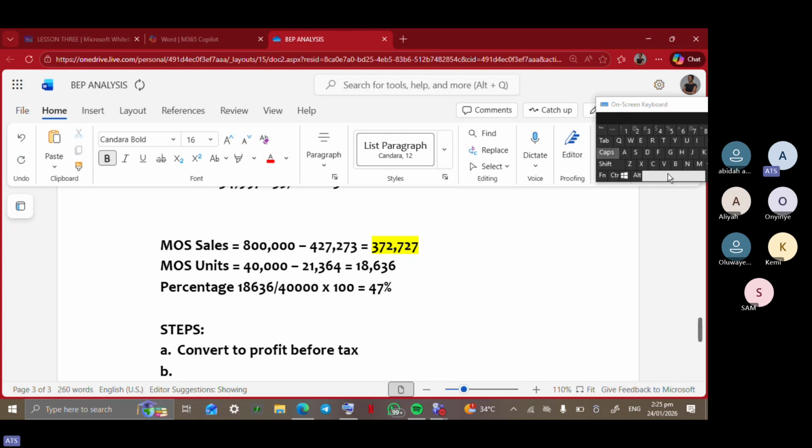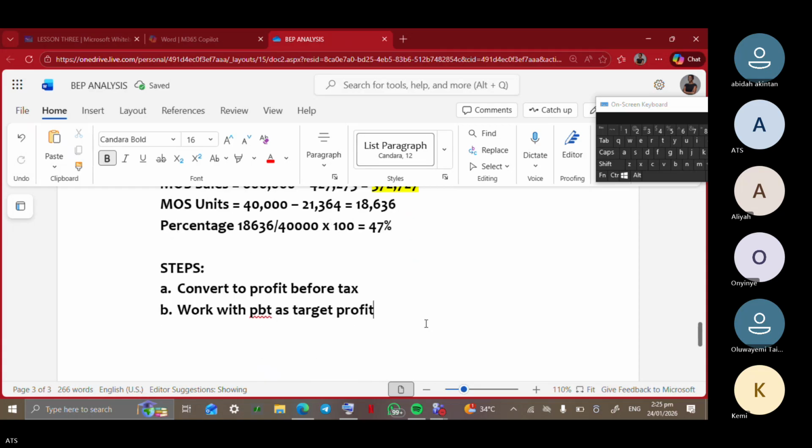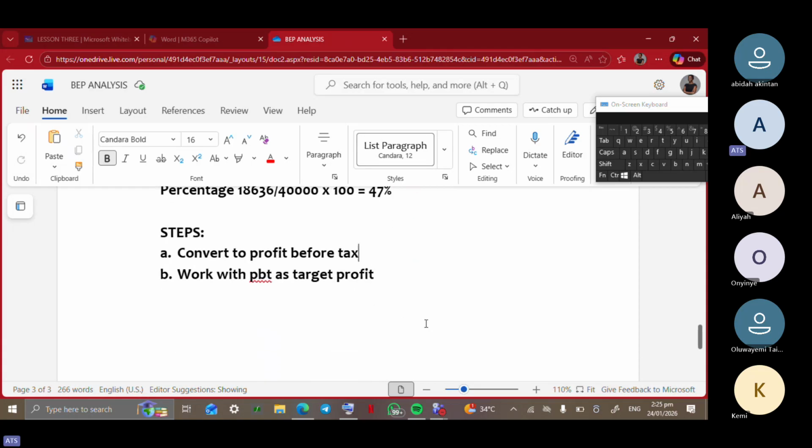And then the second one is to work with profit before tax as target profit. So let's illustrate it and see. Now, how do you convert to profit before tax? You use a formula.